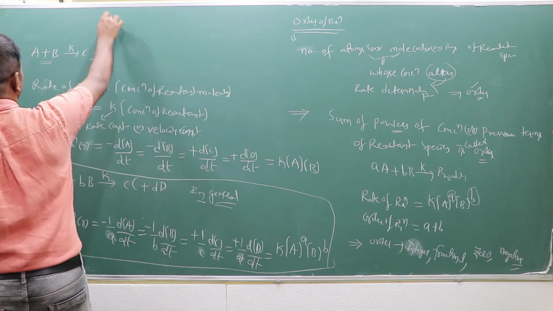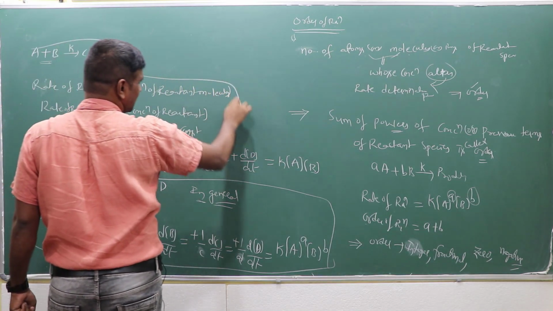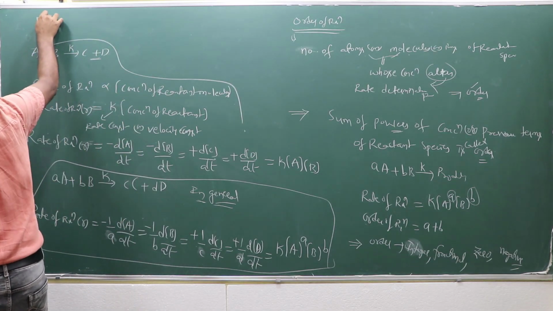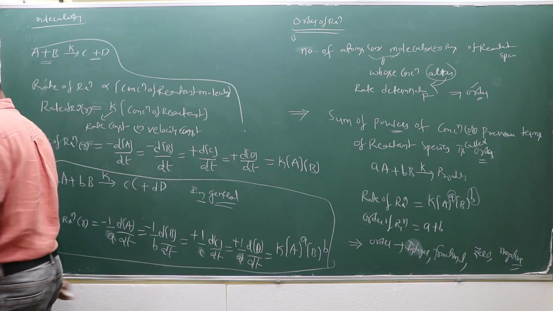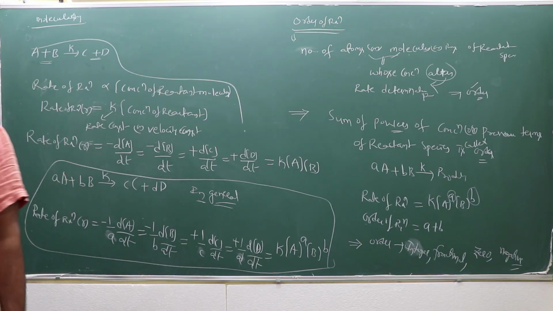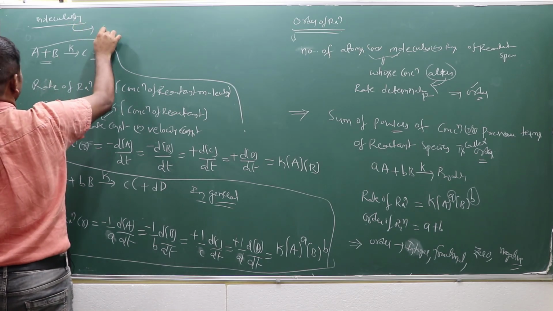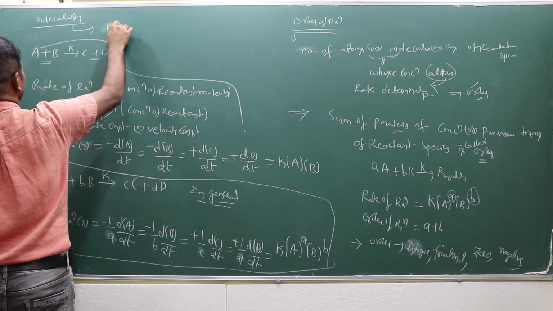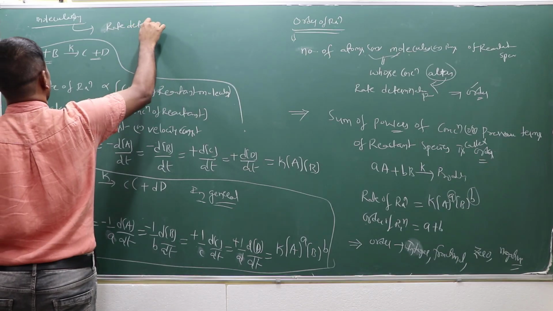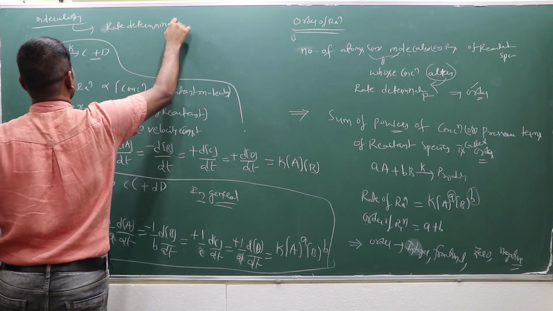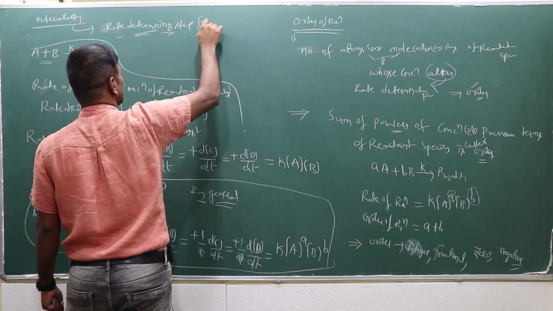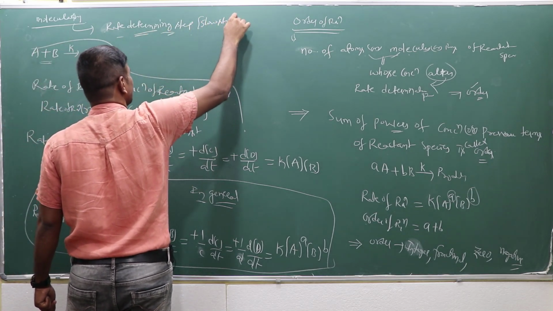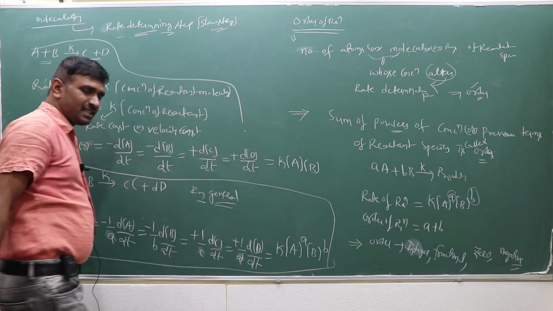But the molecularity, what is molecularity? I can explain it here in this case only, I cannot take much more time. The molecularity can be determined in a single step. That step may be the rate determining step, that is the slow step. It depends upon the rate determining step.